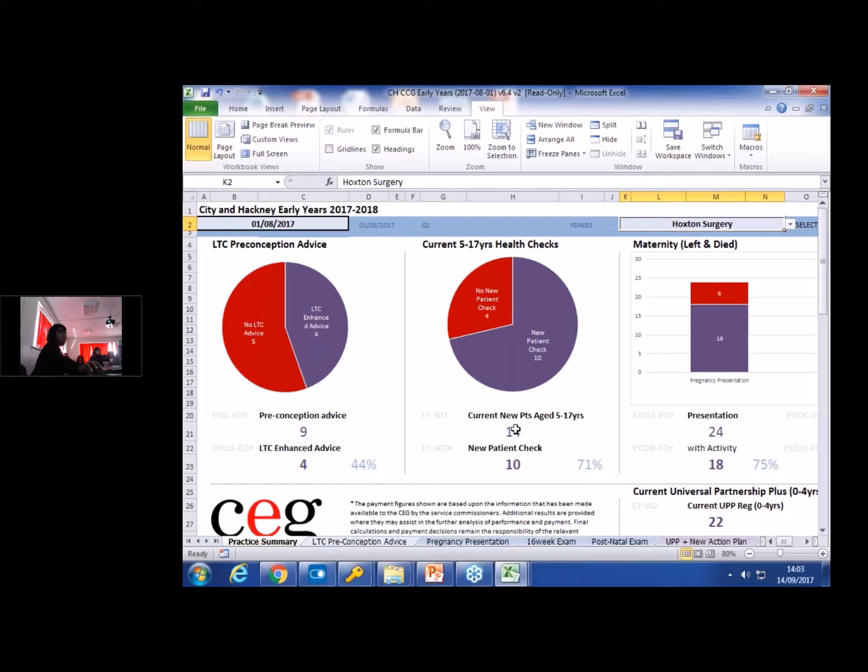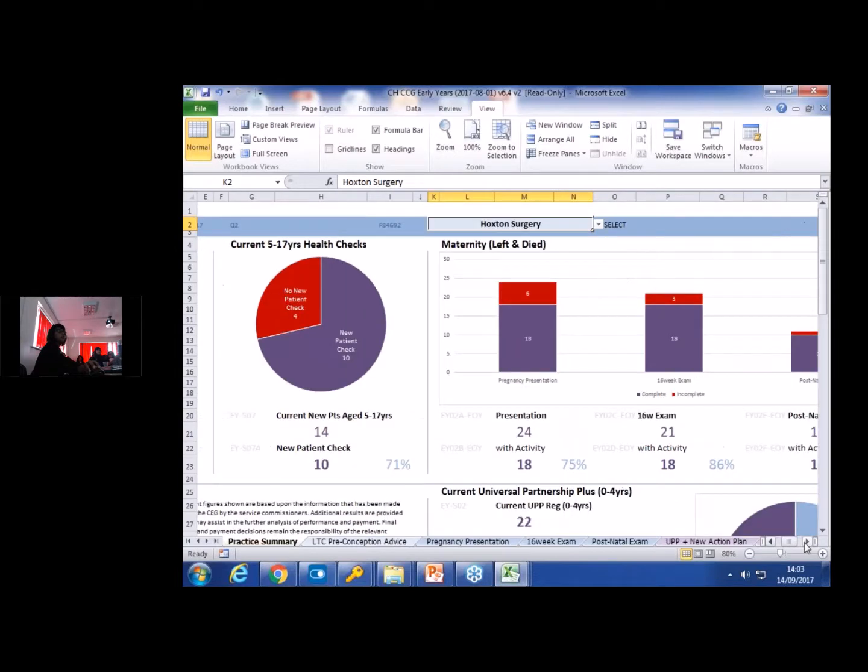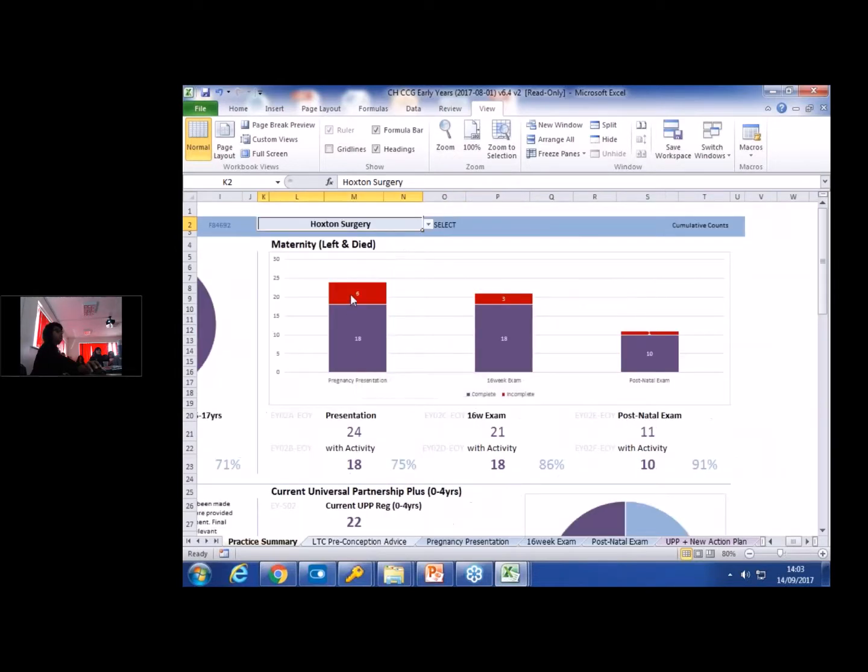You can see how many new patients registered and how many of them had a new patient health check done. It's similar for maternity, and you had 24 patients with pregnancy presentation, and 18 of them had activity done. And it's the same thing for the 16 weeks exam and postnatal exam.